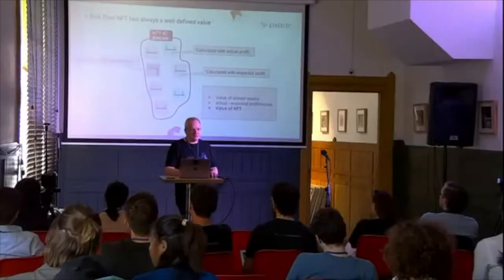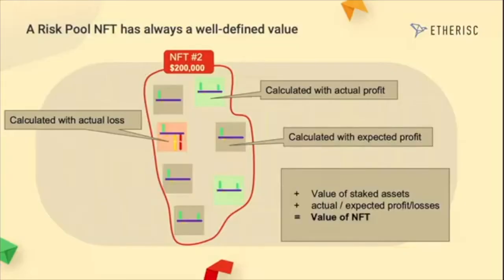Okay, so this NFT now has a specific value because you can calculate it. You have, of course, the assets in the NFT as collateral, and then you have the actual losses and profits that have happened, and the calculated profits. Some policies have already expired, so you have a profit. Some policies have a claim, they have created a loss, and some policies are still running.